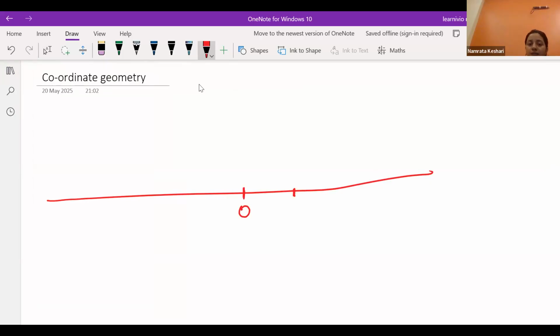Initially when you learned about the number line, you were representing integers on this line, right? Right, Aleph and Afia? Yes, ma'am. I have taken one number line.